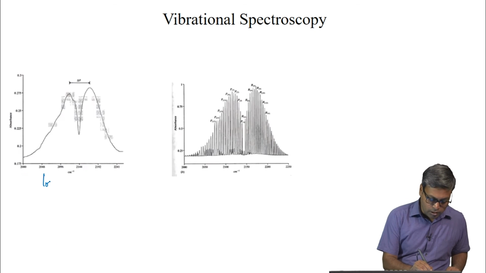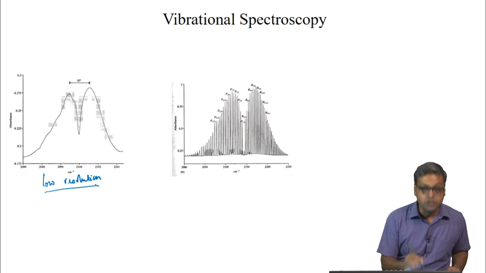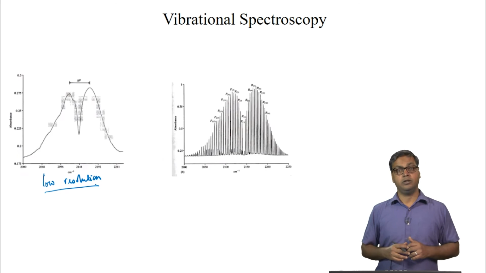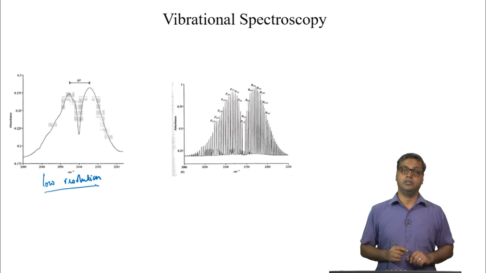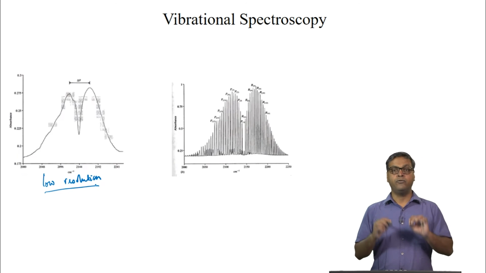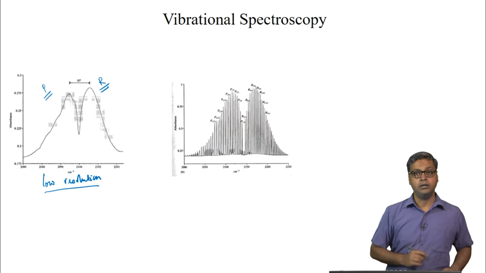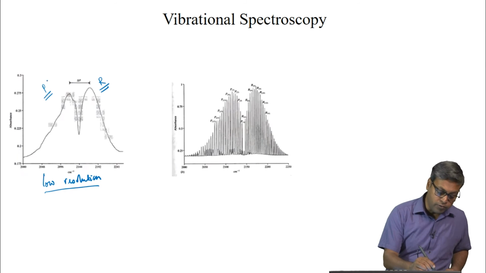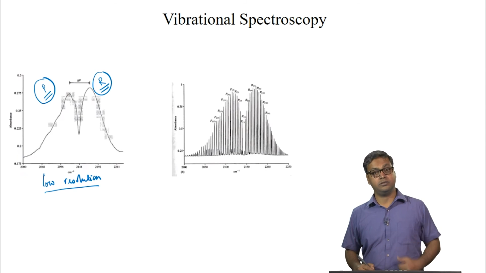In the low resolution spectra, the low resolution of the spectrometer averages out the fine rotational structures, and so we have two broad bands. We have the P band and the R band, associated with these unresolved P and R spectral lines.